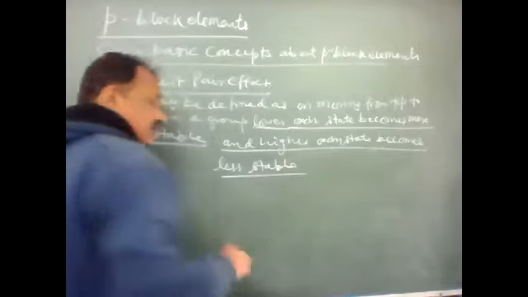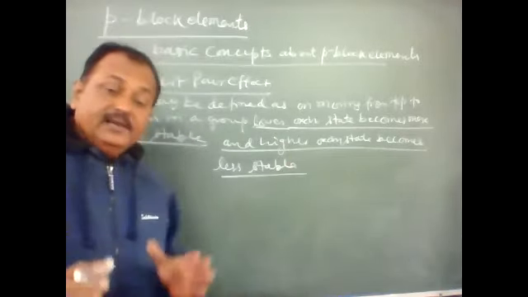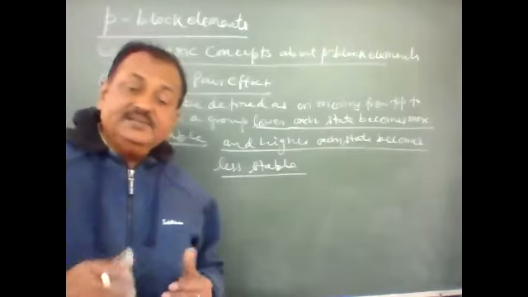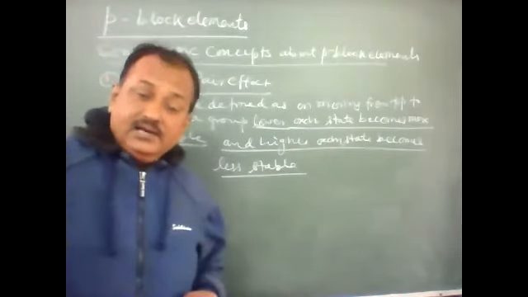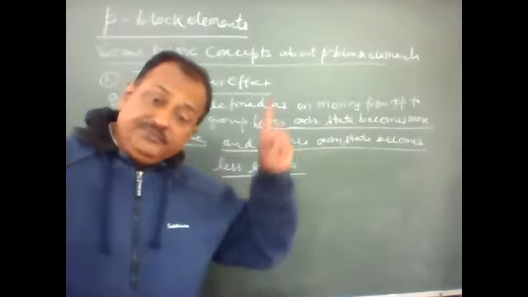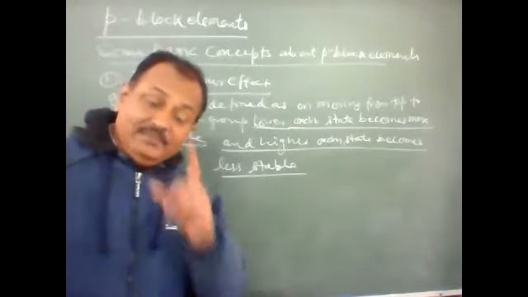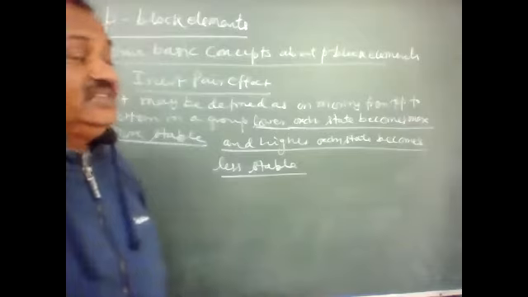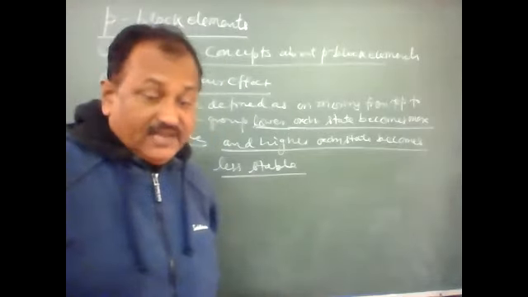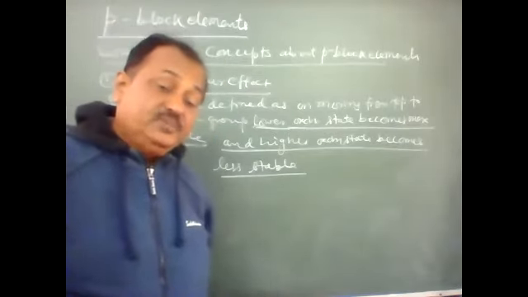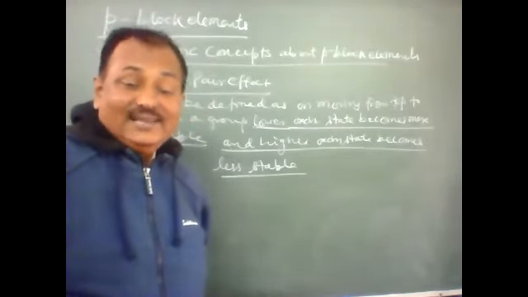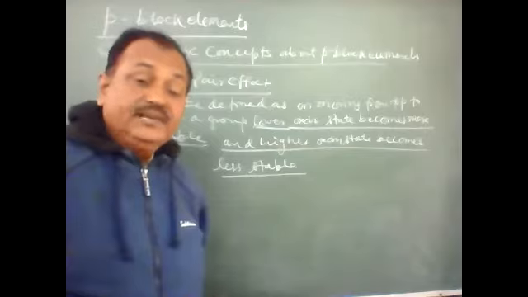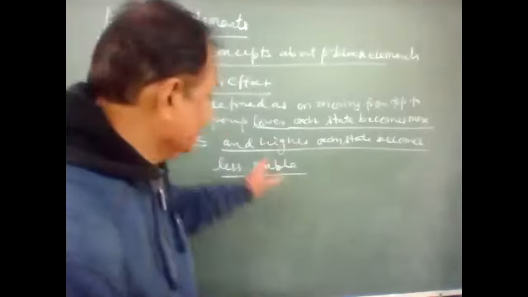Or simply you can say that if any element exhibits variable valency, let it be 2 and 4, then on moving from top to bottom, the stability of the +2 oxidation state is more and the stability of +4 is less. This is the exact point about the inert pair effect, and this is the definition.